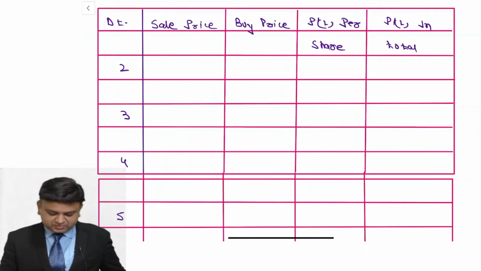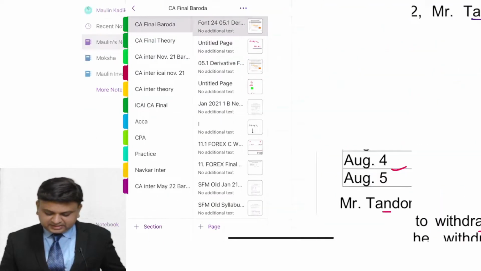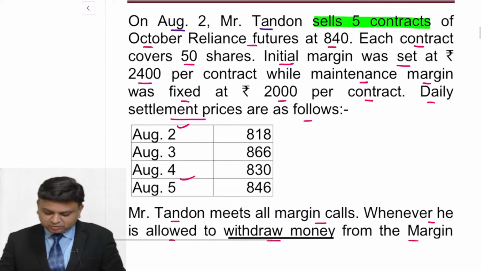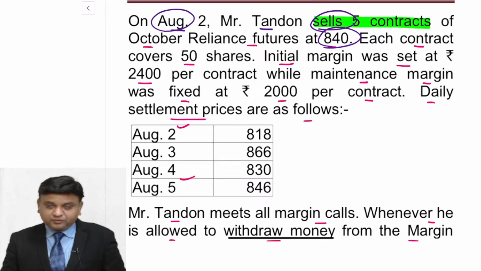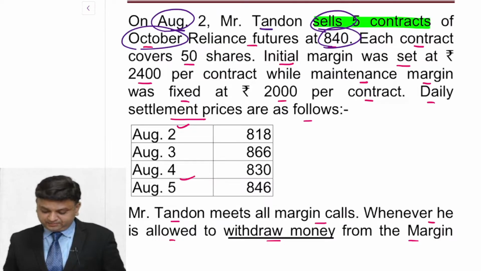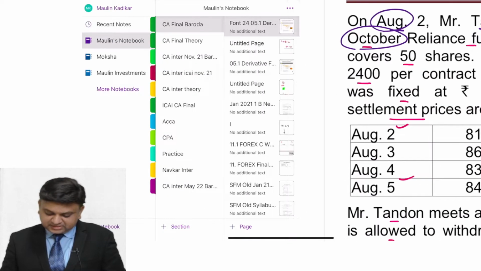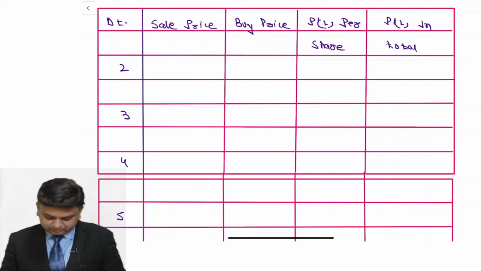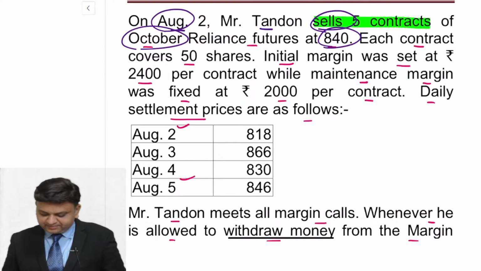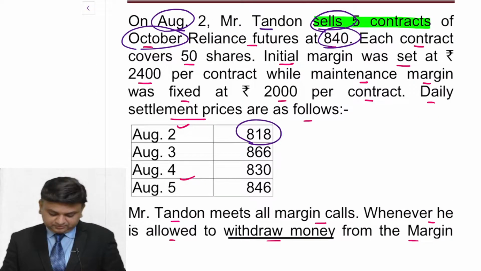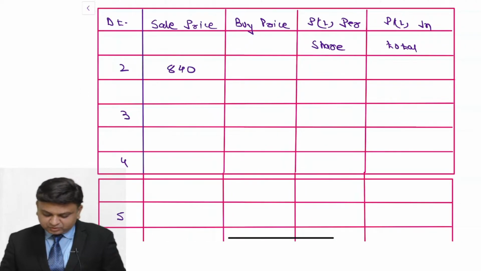This time the question is providing the information that the trader has entered into the transaction to sell at the rate of 840. In the month of August, the futures contract is entered upon for the month of October. So your sale price is 840. The buy price will be 818. So difference of both of them is the profit or loss that we have.